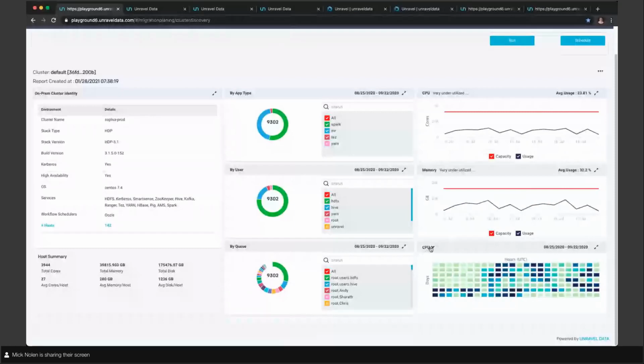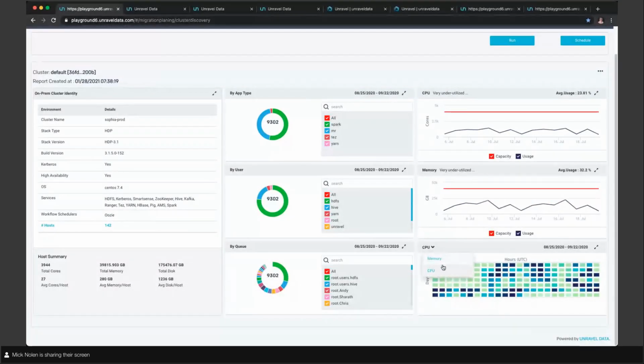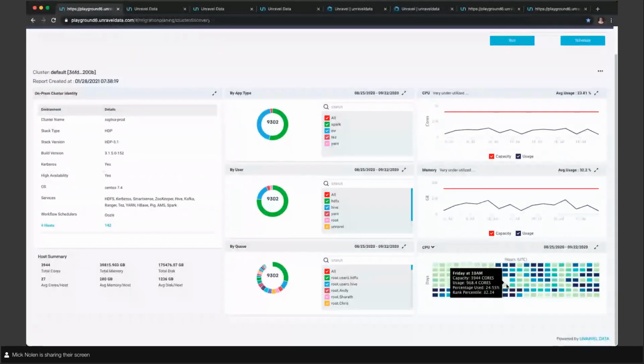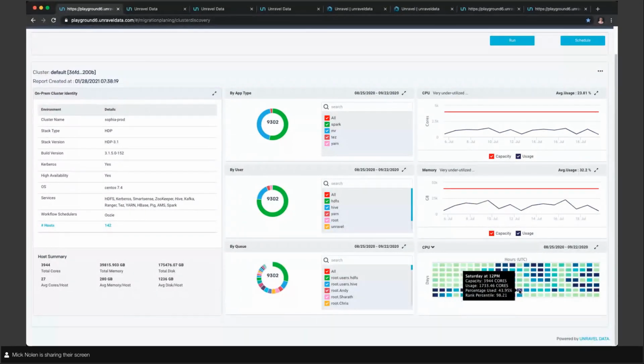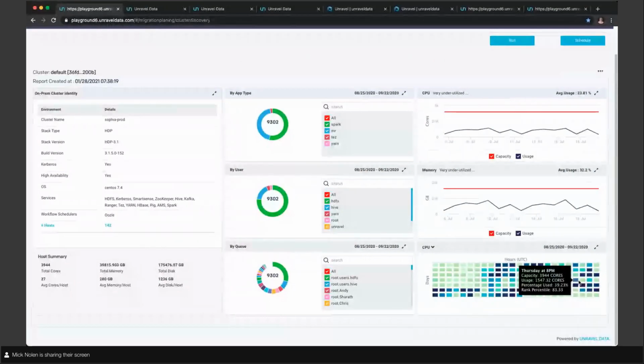Down below that, we have a heat map showing the CPU and memory usage as well. The darker intensity indicates more usage for that particular time frame, and we can drill down like anything on Unravel and get more detail on it and see what my usage statistics are for each of those time frames. So this might indicate that I've got an application that's particularly bursty, let's say.